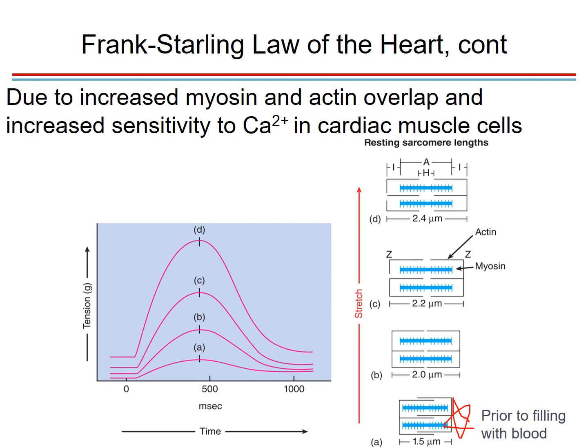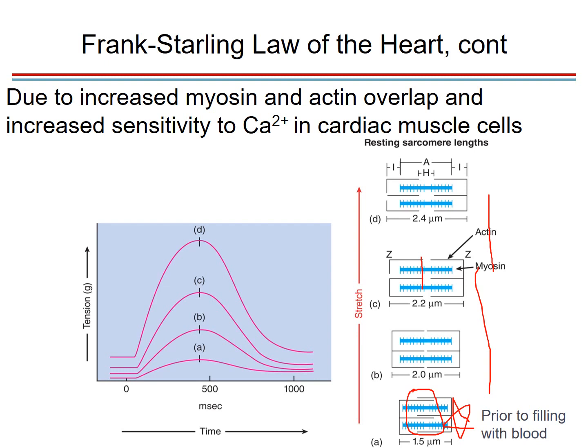And as we have stretching of the myocardium by the end diastolic volume, then we have an increase in contractile strength. And so what we have here is overlap between actin and myosin.